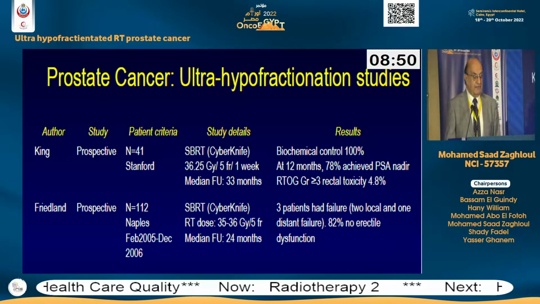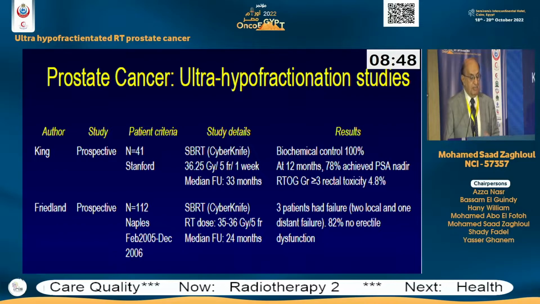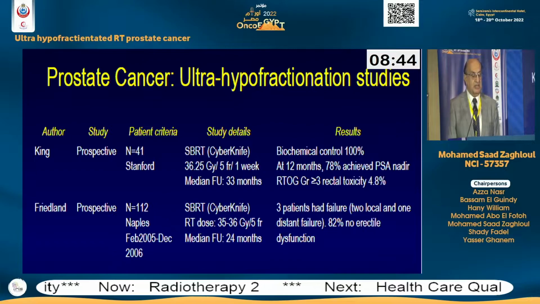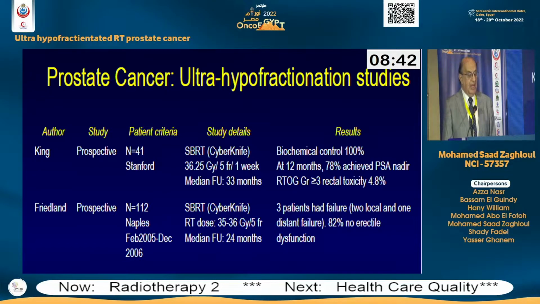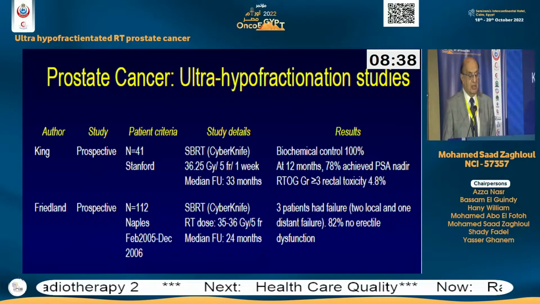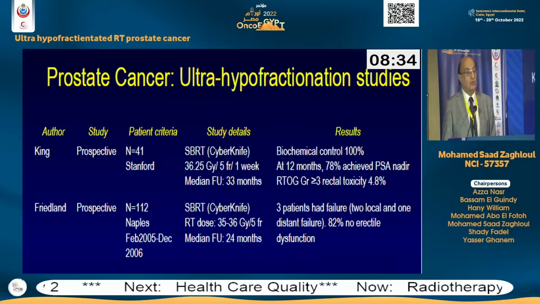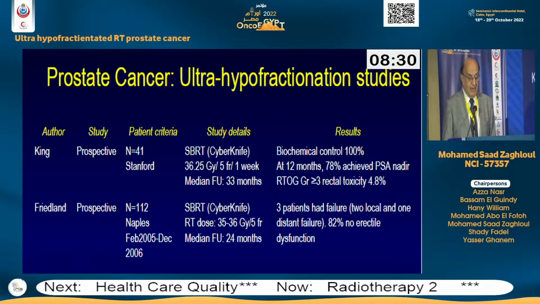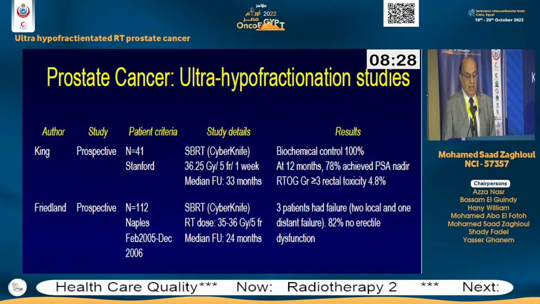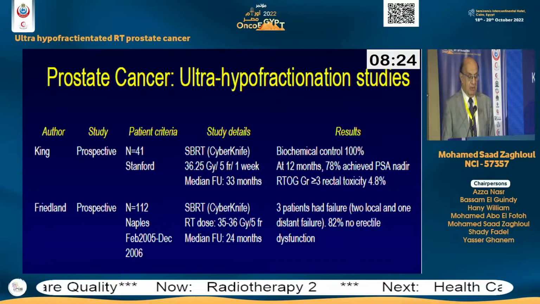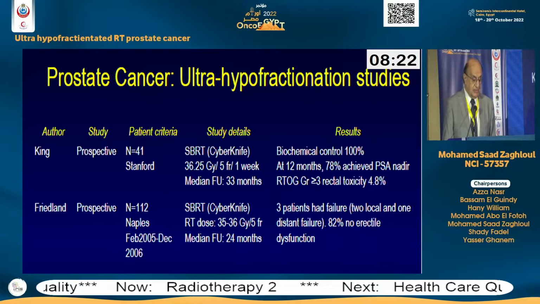Here is an example of the early SBRT studies using the CyberKnife, giving 36.25 gray in 5 fractions in 1 week. The results were biochemical control of 100% at 12 months, and the PSA nadir was reached in 78%.